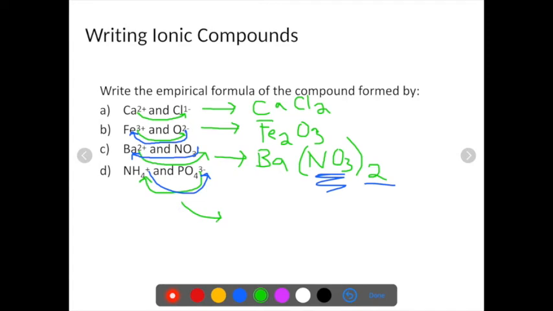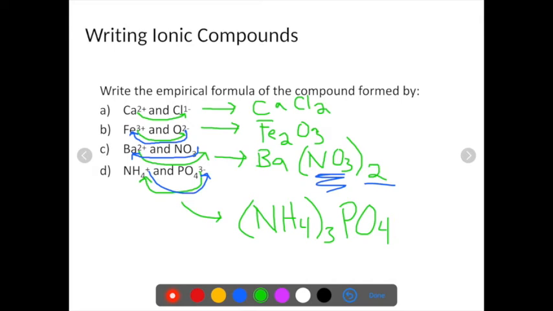I need to put ammonium in parentheses because I have more than 1, so I write NH4 in parentheses with 3 of them. Then I write phosphate, but I only have 1 phosphate, so there's no need for parentheses.